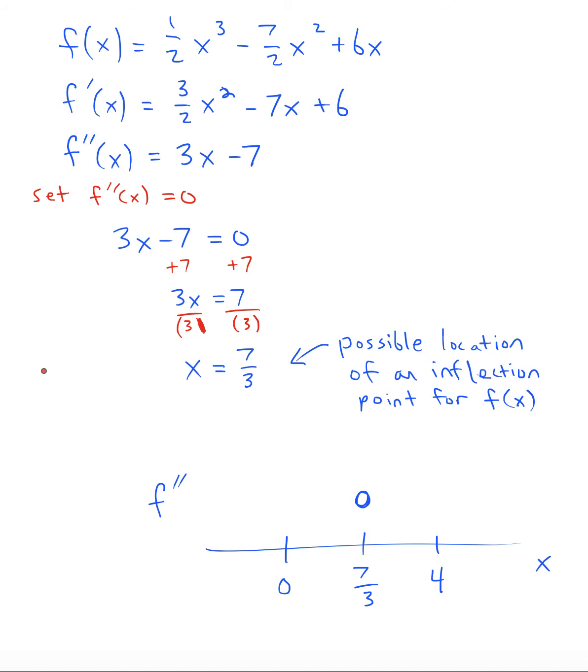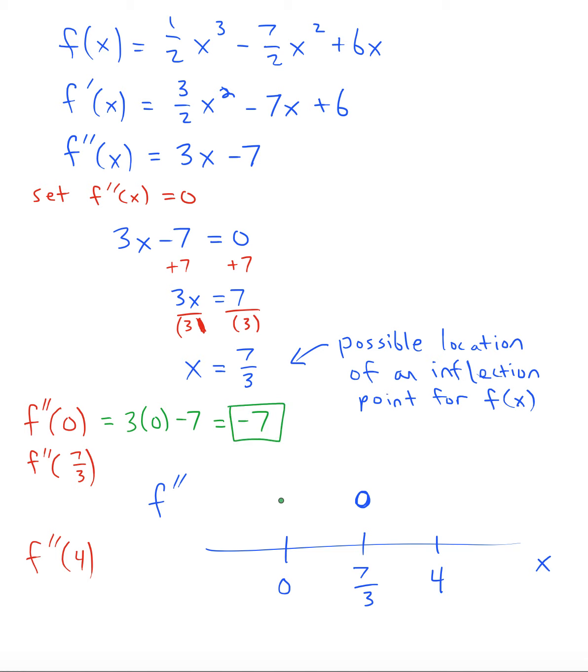So f double prime of 0. Let's find f double prime of 7/3, and we'll find f double prime of 4. It's going to be 3 times 0 minus 7, which is negative 7.